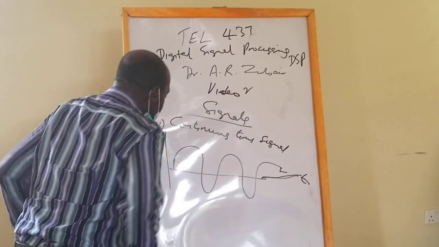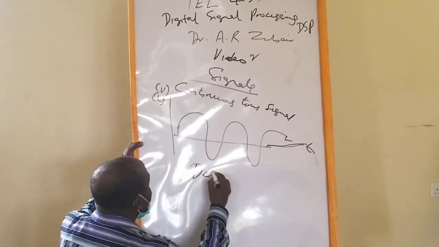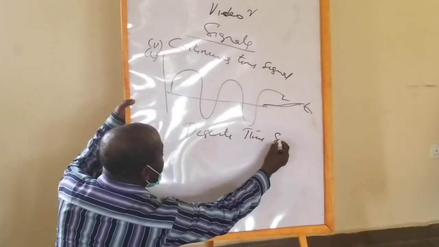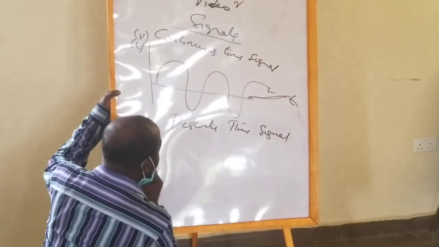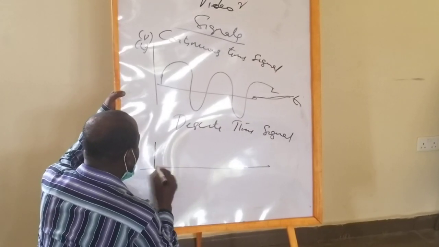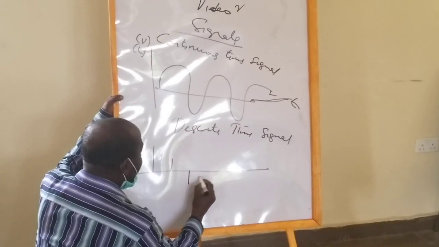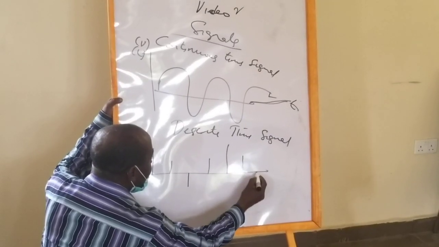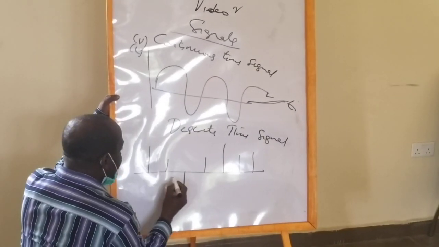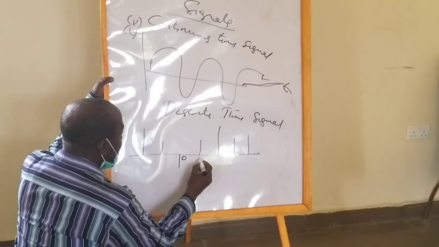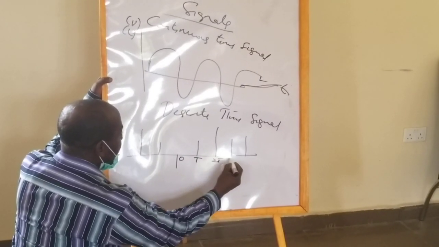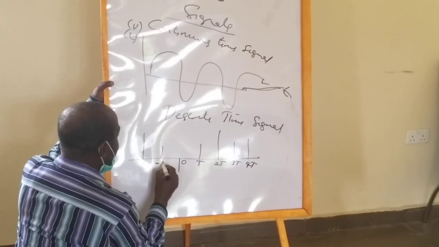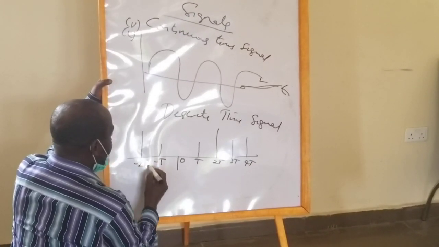But when we go to discrete time signals, that one will be like this. It will have values only at certain time intervals. Maybe this is at 0, this is at T, 2T, 3T, 4T, minus T, minus 2T.